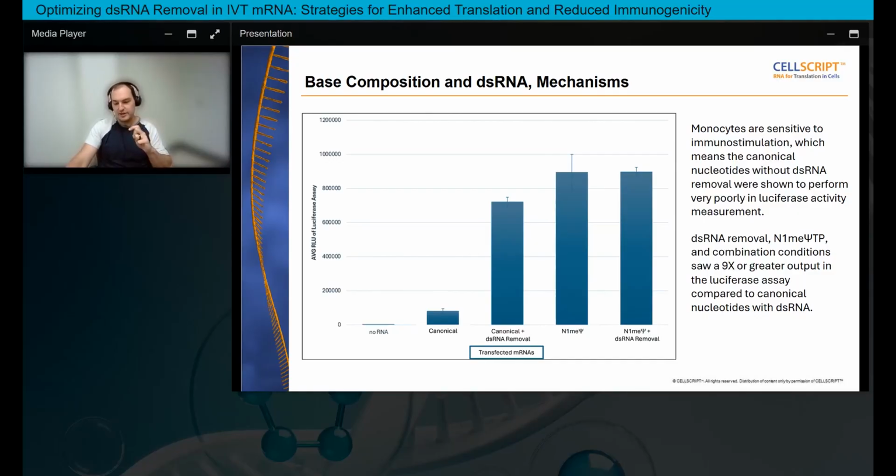Repeatability is generally pretty good, but those two results ended up being about 10x what the canonical results were. Now, since monocytes are so sensitive to immunostimulation, all this stuff makes a lot of sense. N1-methyl pseudo UTP and double-stranded RNA are each implicated in causing some sort of an immune response. And so both of them are being likely mitigated in this data to produce a much, much better protein expression level.